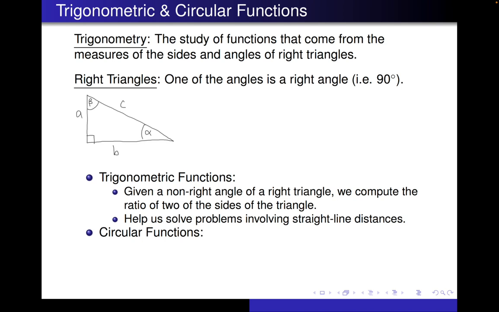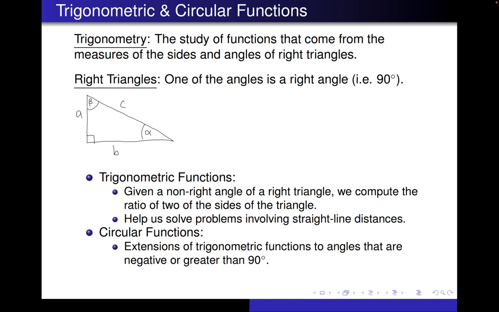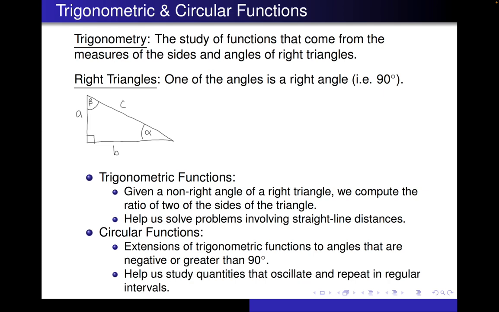However, for circular functions, we are going to be able to do that. We're going to be able to extend the trigonometric functions past 90 degrees and past 0 degrees as well. And these are going to be helpful for slightly different problems than trigonometric functions. Trigonometric functions are nice for straight line problems. These are nice for problems that have quantities that oscillate and repeat in regular intervals. And we'll show you that when we study sinusoidal functions.